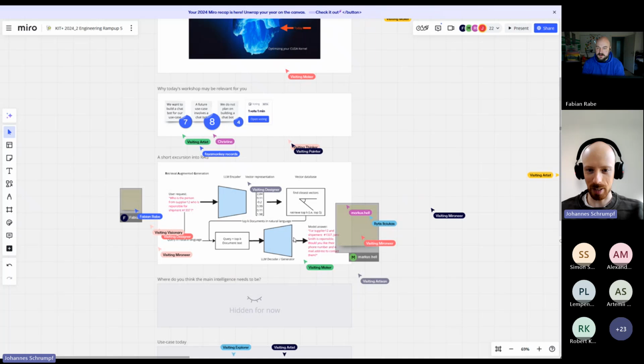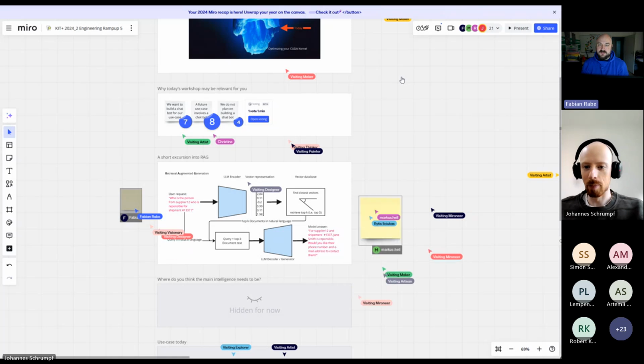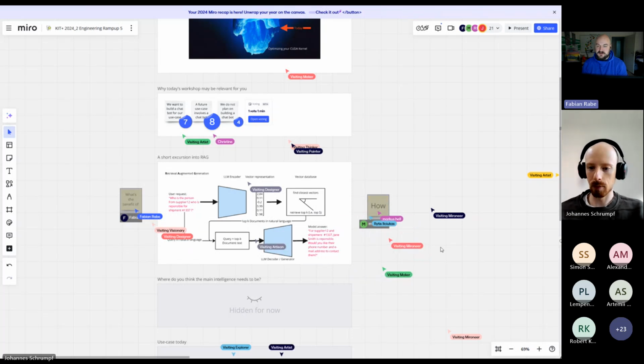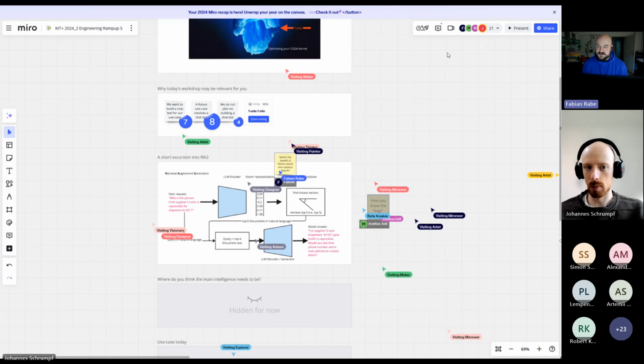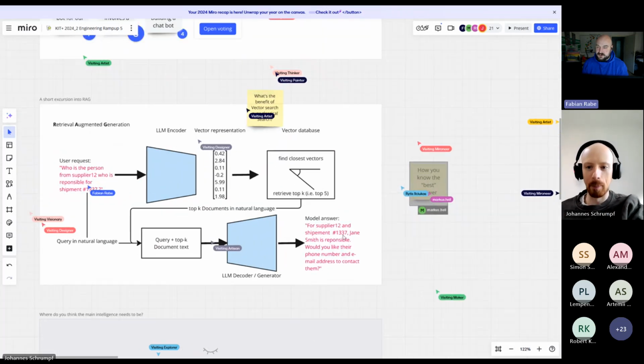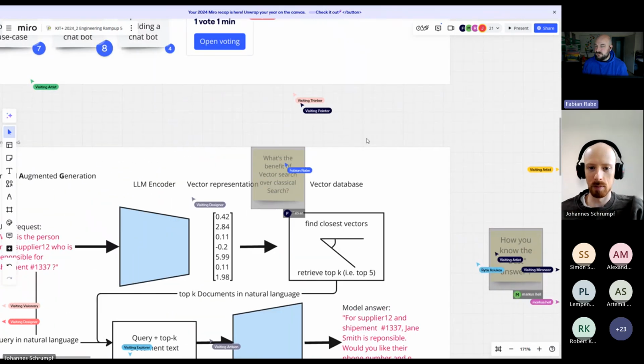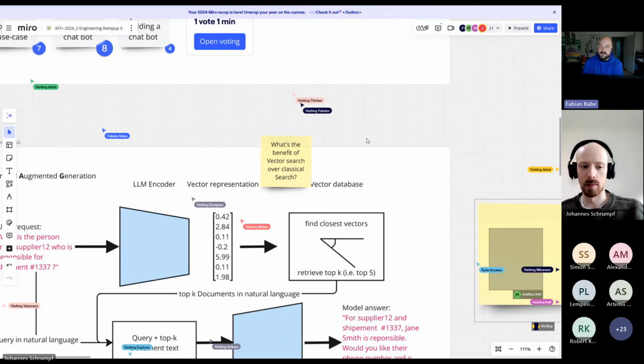Cool. Nice. Maybe one question to tease out whether you got one of the core concepts. What's the benefit of vector search over classical search? Because I think the question like who is supplier 12 or who is responsible for shipment XYZ is very close to a classical SQL query.